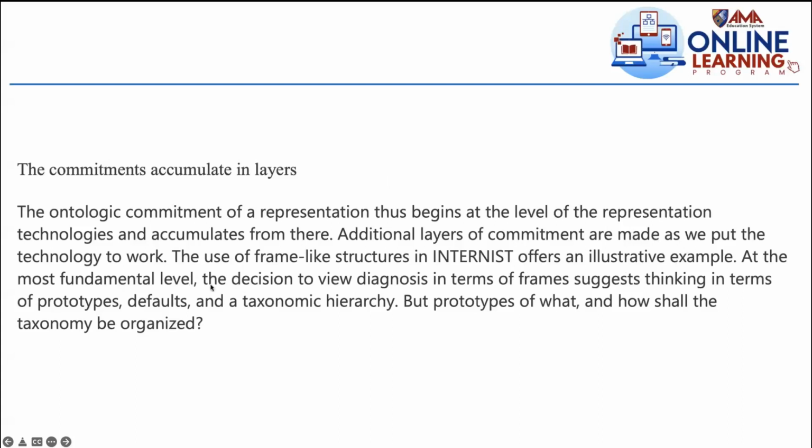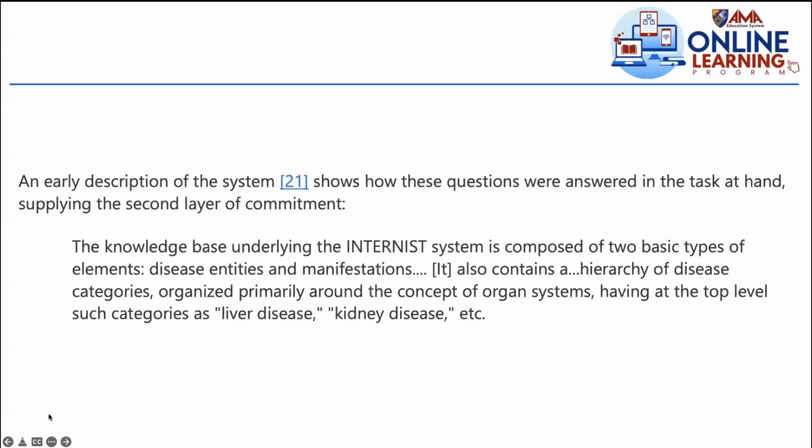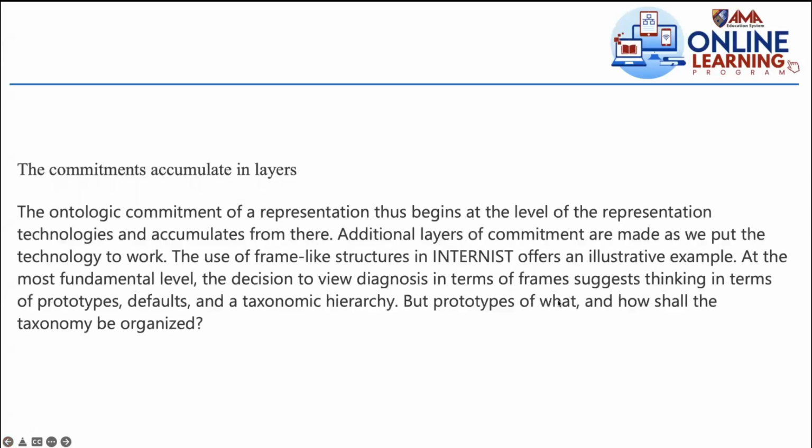At the most fundamental level is the decision to view diagnosis in terms of frames. So that's the first layer: viewing the medical world in terms of frames. This suggests thinking in terms of prototypes, defaults, and taxonomic hierarchy. The next layer to ask is: prototypes of what? And how shall the taxonomy be organized?